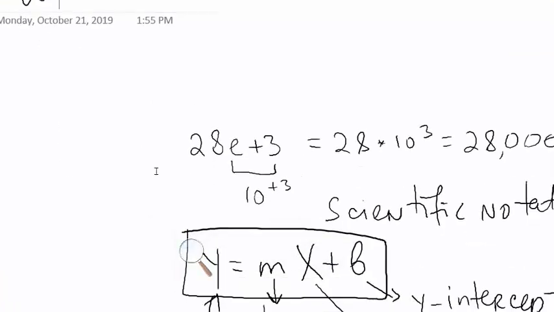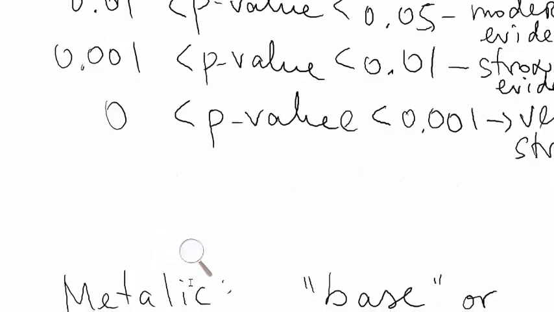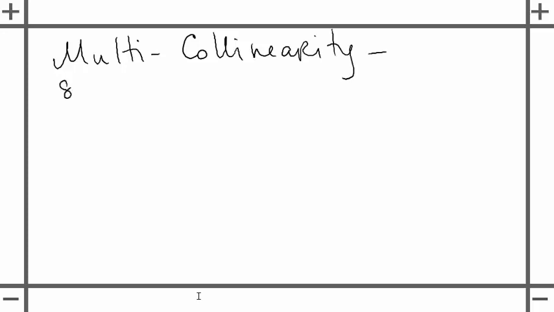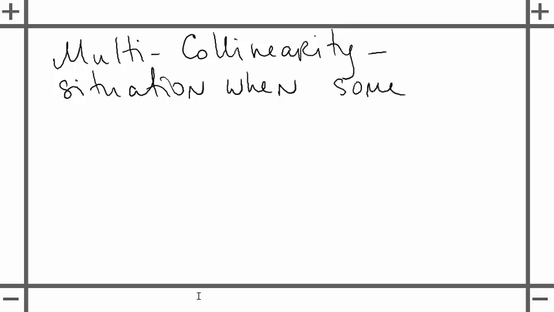So let me write it down. Multicollinearity. Ooh, what is that? Let me scroll. We call that multicollinearity. This is a situation when some numerical predictors, and that concerns only numerical predictors, disclaimer, because the coefficient of correlation can be calculated when your x1 and x2 are both numerical.